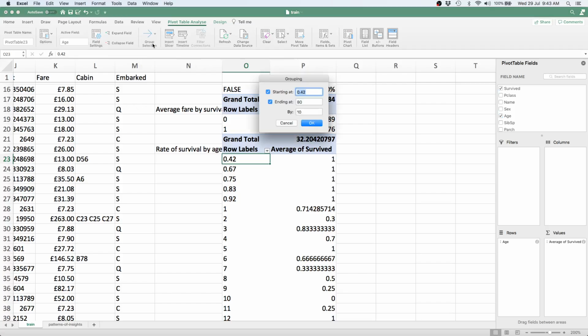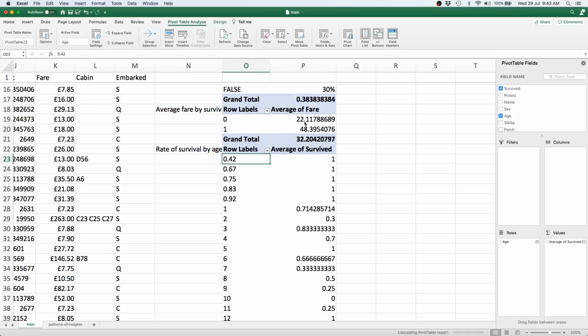And so when we click on group selection, it gives us a menu. So it's basically saying that starting at 0.42, which is the lowest value, and ending at 80, which is the highest value, we want to group the whole range in groups of 10. Let's start a little lower than 0.42 because we want the range to slightly exceed the actual range. And instead of ending at 80, let's end at 90 and group it into 10.